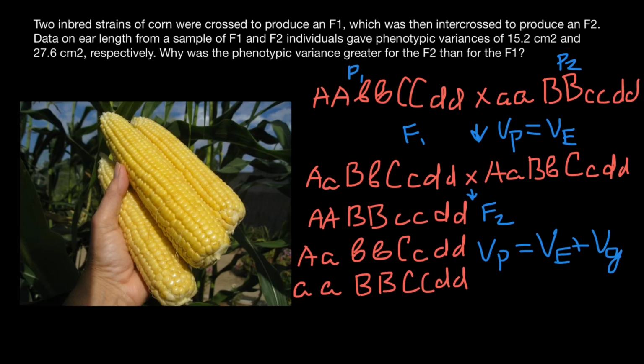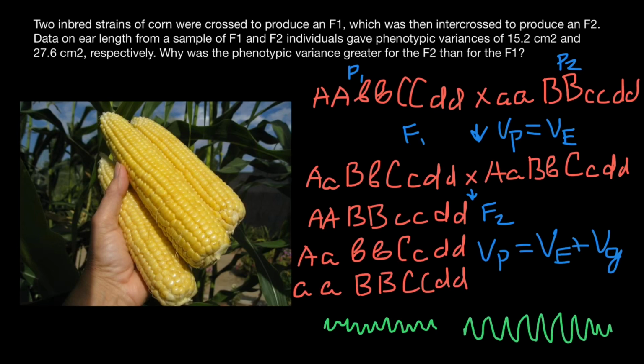But in the F2 generation, we would see different genotypes, and phenotypic variance would be due to environmental variance and genetic variance. Another example, imagine that this line represents variance in size in the F1 generation, and this one would represent variance in size of the ears in the F2 generation.